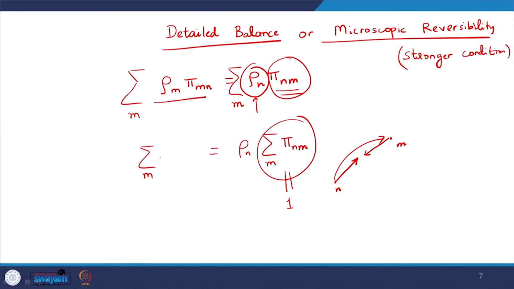So, if I sum over all the probabilities starting from state n, that must go to 1, and that was the weaker condition I discussed earlier, right. So, using detailed balance I can get the weaker condition, but using the weaker condition I cannot get the detailed balance. Detailed balance is therefore a stronger condition, and as long as the detailed balance is valid, we can pretty much choose any transition probability of interest, whatever helps me sample the phase space in an efficient manner.